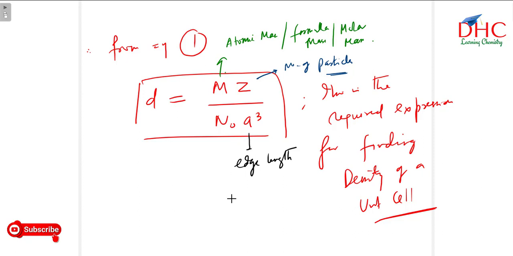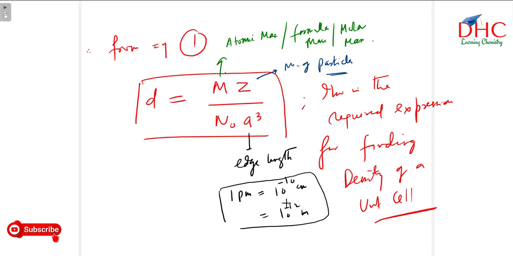You know it very well that 1 picometer is equal to 10 raised to power minus 10 centimeter, that is equal to 10 to power minus 12 meter. So depending upon what the examiner is asking you, you can use the values directly in centimeters or meters, or convert them accordingly. And N naught is the Avogadro's number, and you know its value, it's 6.023 into 10 to power 23 particles. So this is how you can find the density of a cubic unit cell by using this expression.